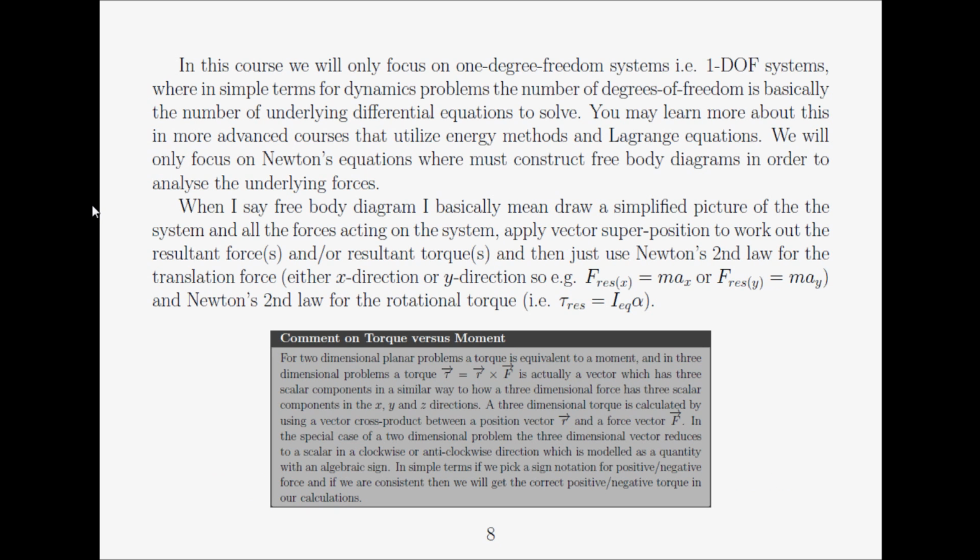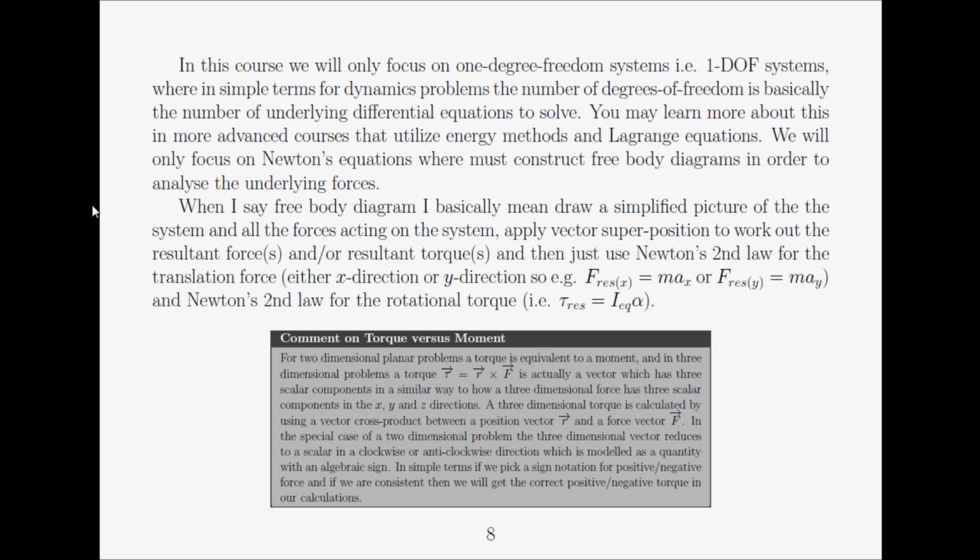Brief comment when I talk about torques and moments. In this course, we'll mainly concern ourselves with two-dimensional problems or planar problems. In a plane, a torque is essentially equivalent to a moment, but there's obviously a sign notation, which we'll talk about a little bit more at a later stage. The resultant torque is I equivalent times alpha.